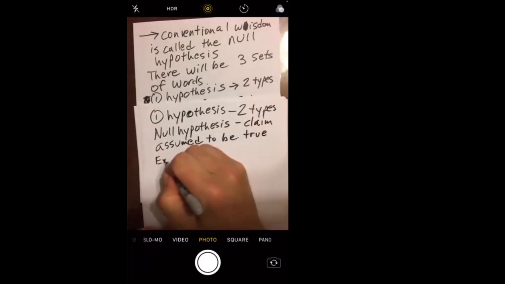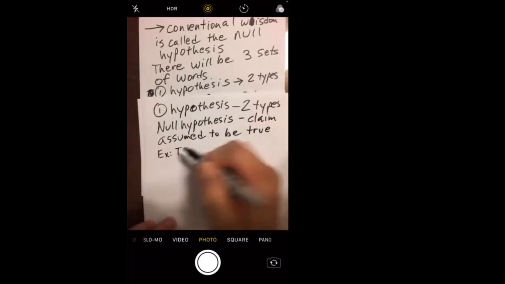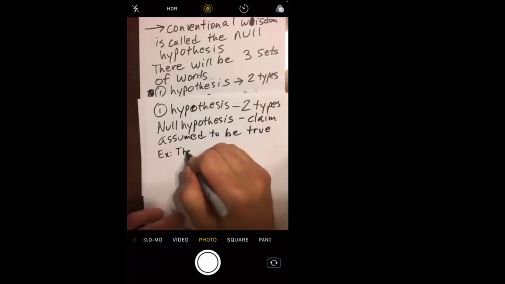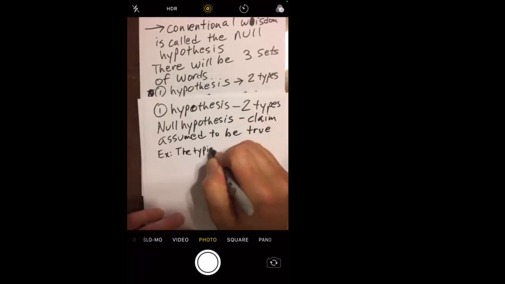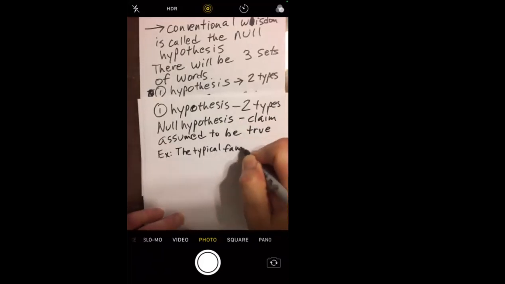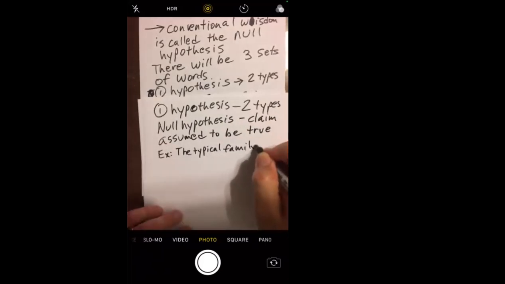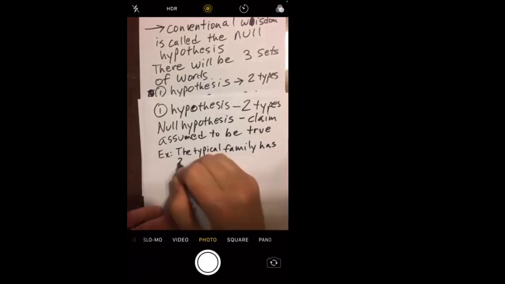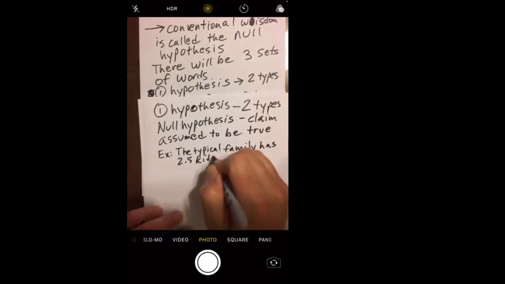So I'll just repeat my example: the typical family has 2.5 kids, some conventional wisdom like that.